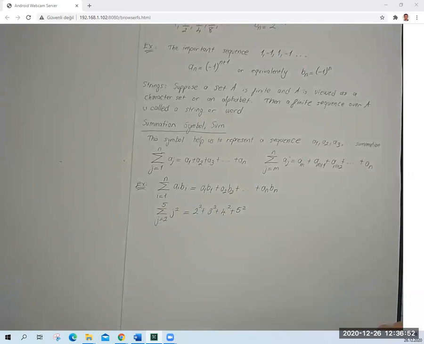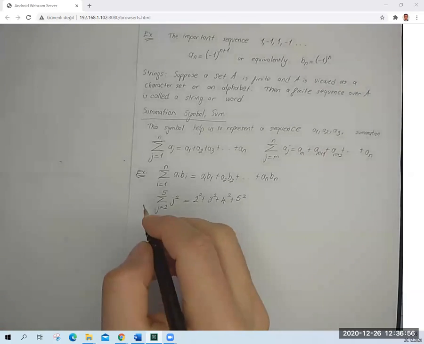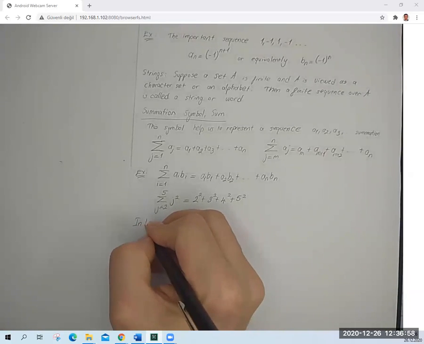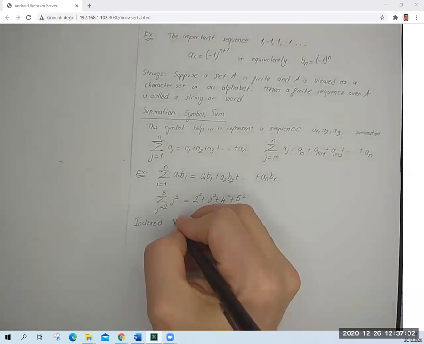And let's write the new title as indexed classes of sets.